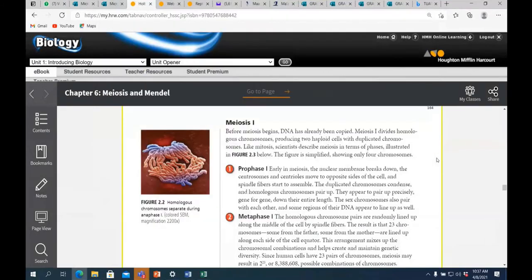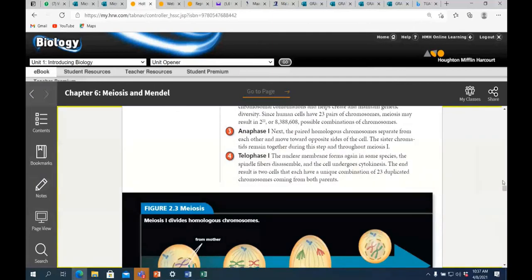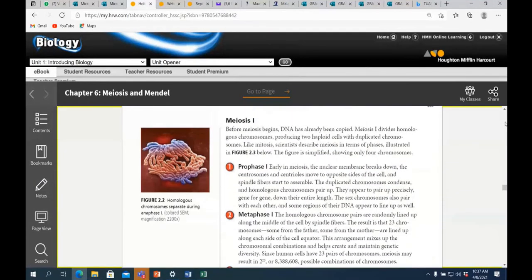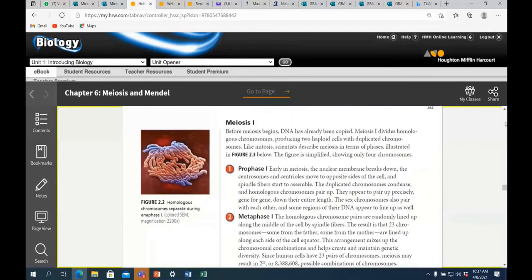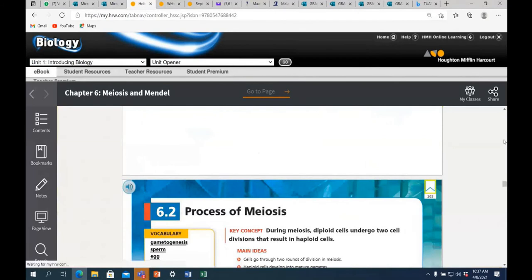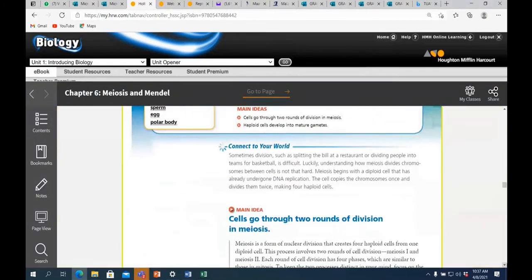Lana, go ahead. The prophase, the metaphase, the anaphase, and the telophase. Perfect. So these are the four stages: PMAT, prophase, metaphase, anaphase, and telophase. The four stages which happen in Meiosis I are known as Prophase I, Metaphase I, etc. And the stages which happen in Meiosis round 2 are named as Prophase II, Metaphase II, etc.